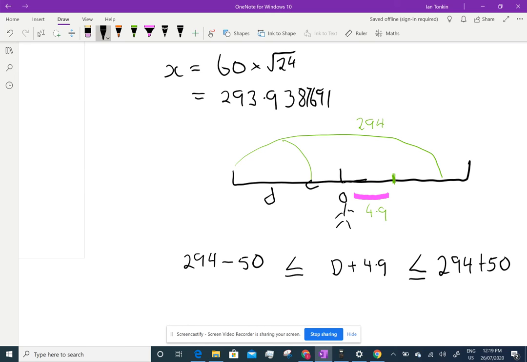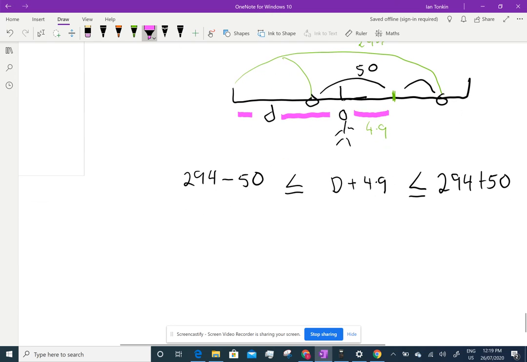So if the canister drops here, or the canister drops here, it's got to be within 50 meters of where the sailor is. And this whole distance here, d plus 4.9, okay, that's where the sailor is. If they drop it and they get the distance wrong, we're trying to find out the maximum distance, or the minimum distance, between them and the sailor. So let's see what happens.